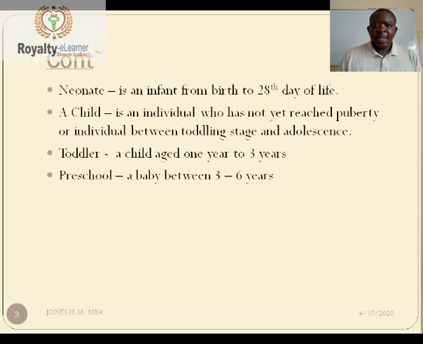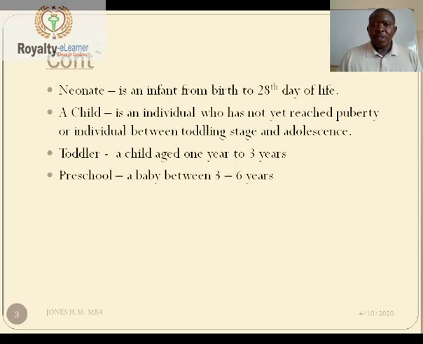Neonate refers to an infant from birth to the 28th day of life. And the word child simply means an individual who has not yet reached puberty, or an individual between the toddling stage and adolescence.